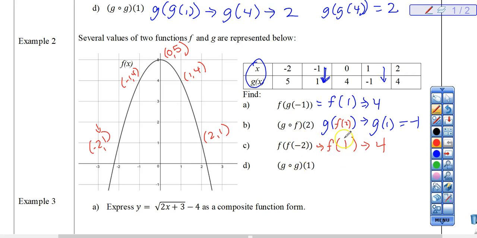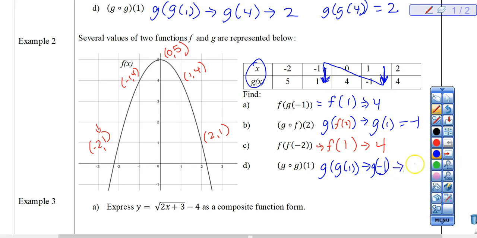Input, output, input, output. All right, g of g of 1. So I'm going to my g of 1. And what's my output? Negative 1. All right. So negative 1. So g of negative 1. I'm going to go like this, over here to 1 and drop down.